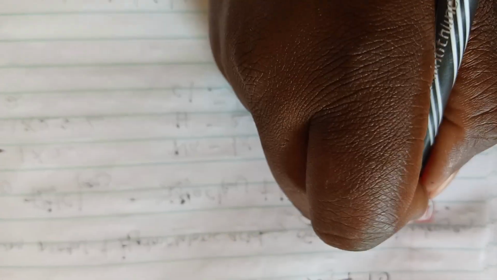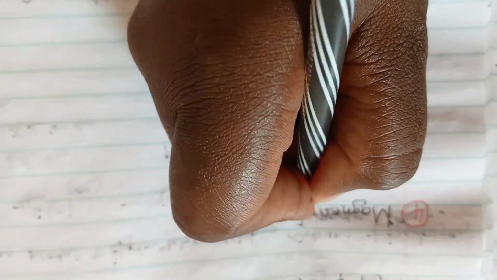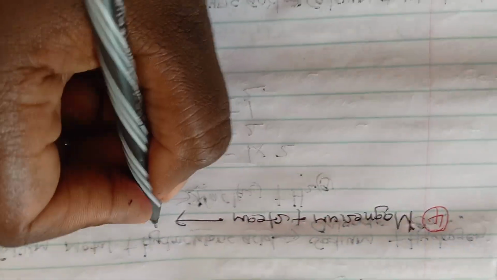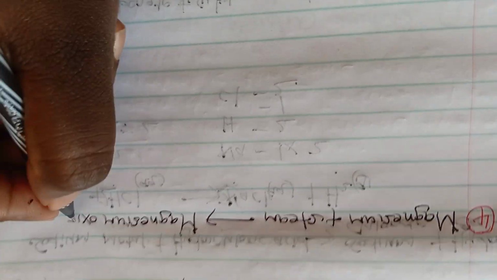And then if you are given a metal, for example magnesium, and you react it with steam. Magnesium plus steam. You know steam is water in gas form. So you will get magnesium oxide, because a metal plus steam gives a metal oxide plus hydrogen gas.